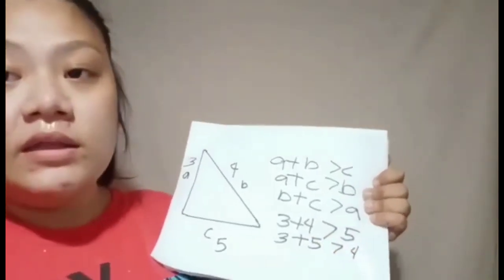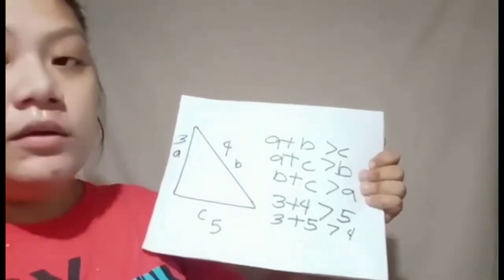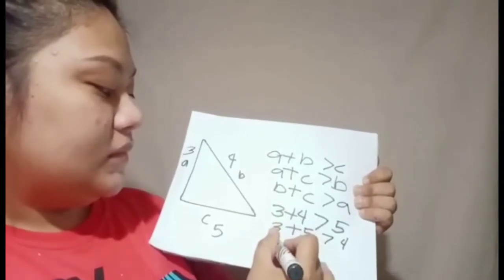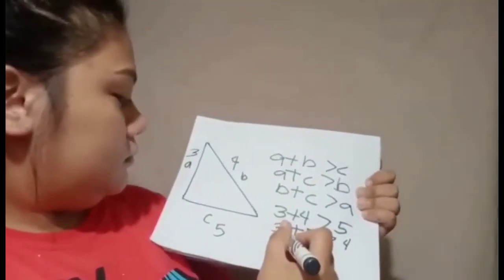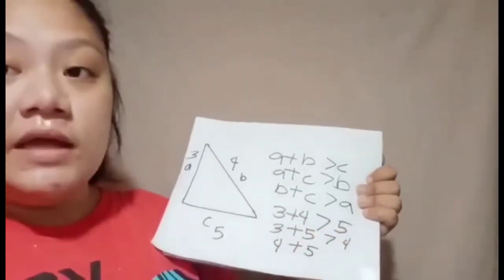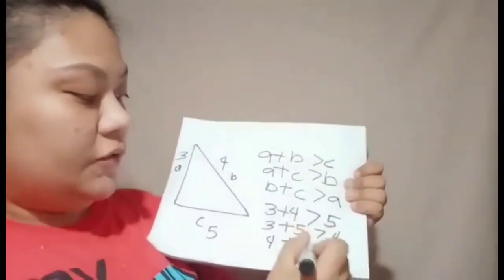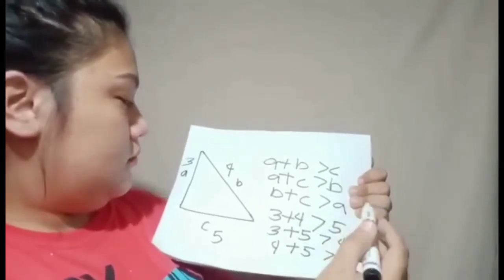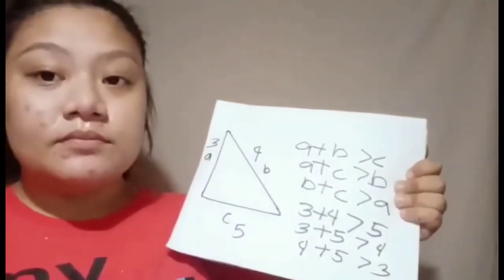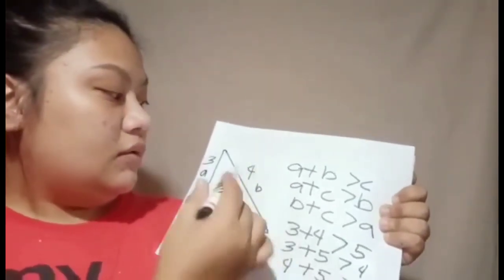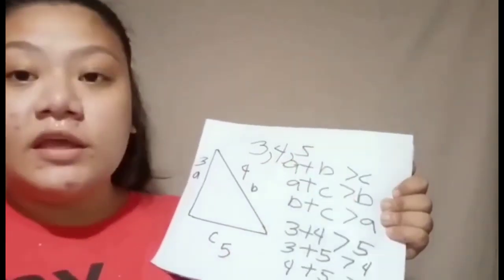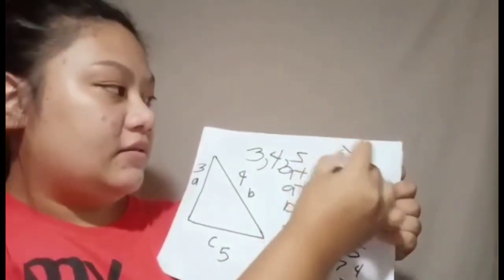Tama pa rin ang ating number 2, kaya move on na tayo sa statement number 3 natin. 4 plus 5 is 9 and greater than 3. So, sabihin natin na itong 3, 4, and 5 can make a triangle.